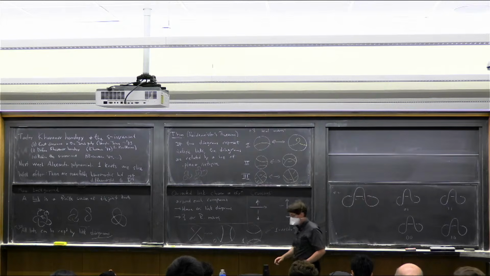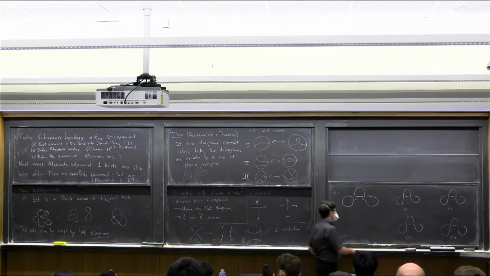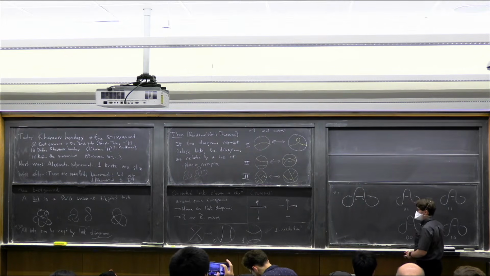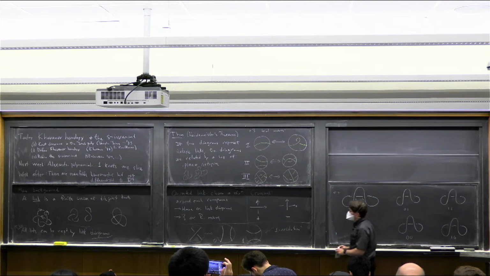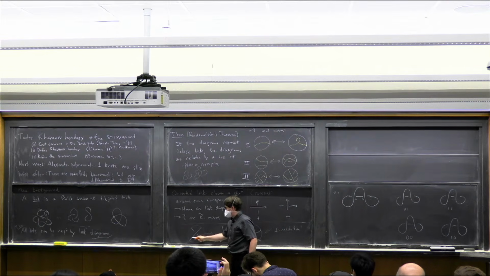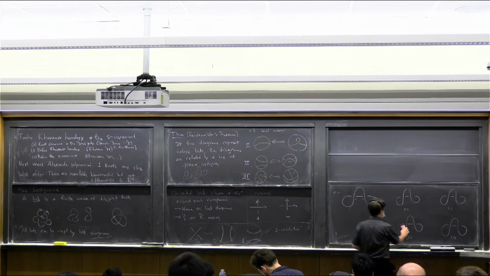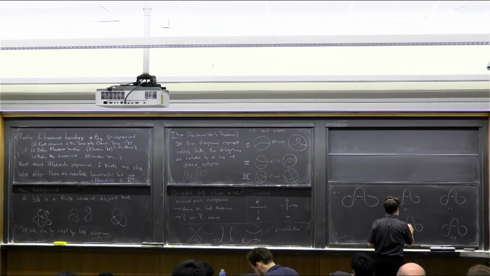Now, I had the eraser. Let's see, which was 0? 0 meant you were walking along the top strand and you turned left. So if I do the 0 resolution here, that connects these up like that. And if I do the 0 resolution here, it connects them up like that.